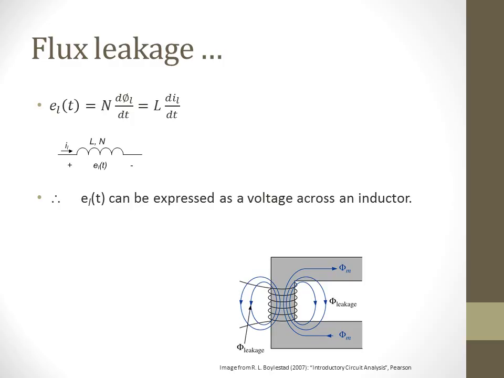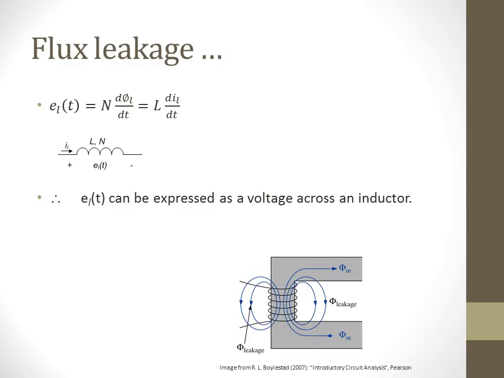We also know that if there is an inductor with N number of turns with flux phi, inductance L, and current I, we can write N d phi over dt equal to L di over dt.